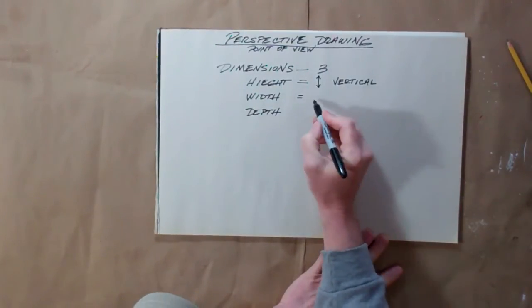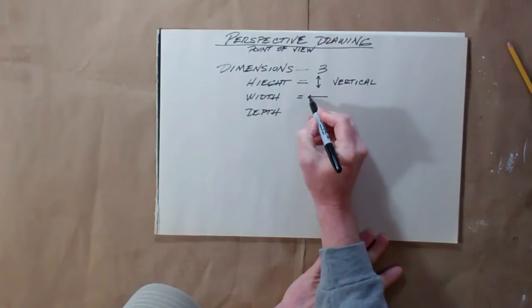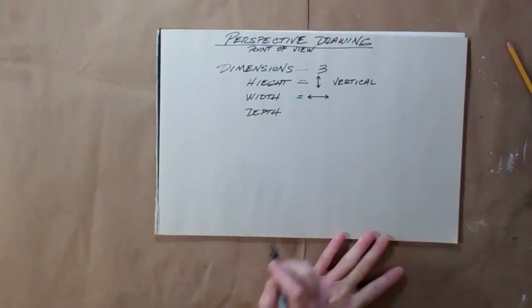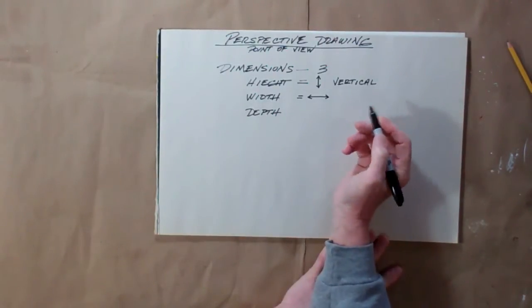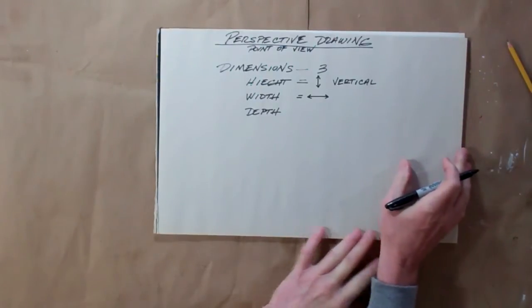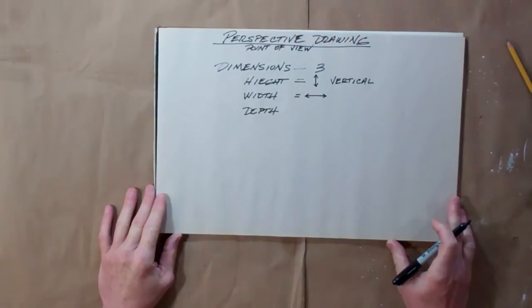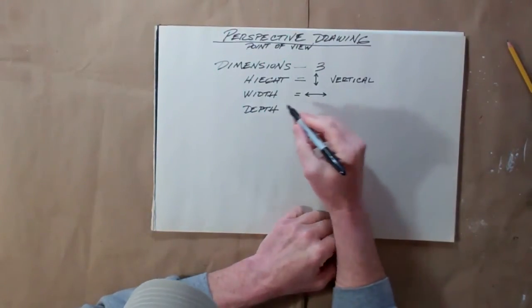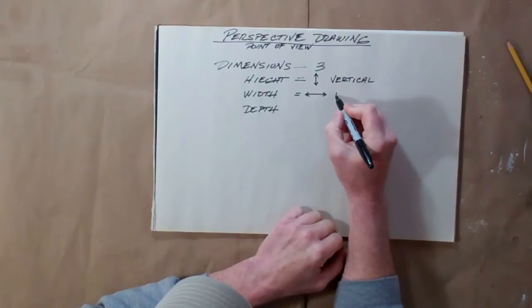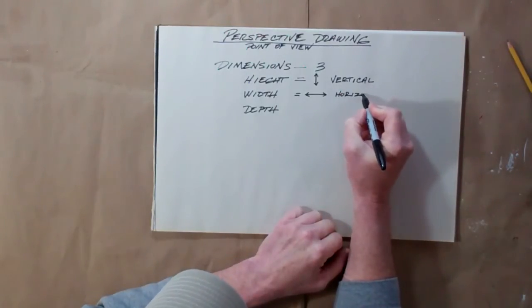Okay, width equals this direction, side to side. Could be a long line or a short line, you don't know, it depends on your subject. Hopefully you're seeing this okay. And that is represented in perspective drawing by a horizontal.